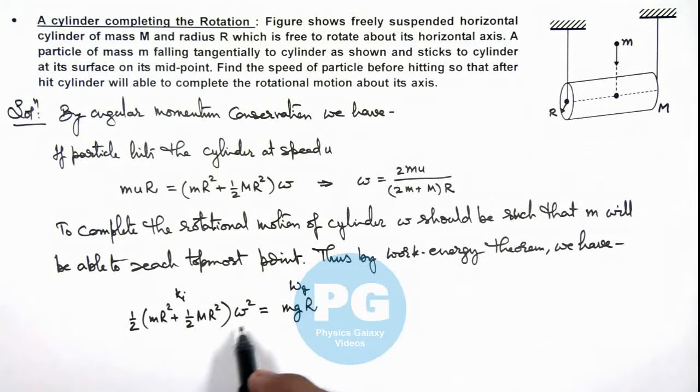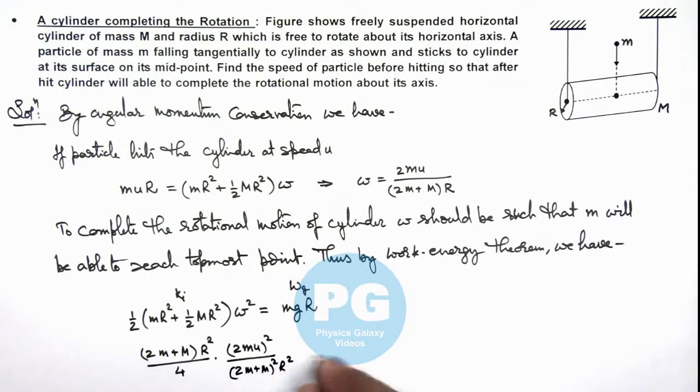So in this situation, if we substitute the value of omega over here, this gives us (2m plus capital M) multiplied by r square by 4, multiplied by omega square, which is (2mu) whole square divided by (2m plus capital M) whole square r square, equals mgr.